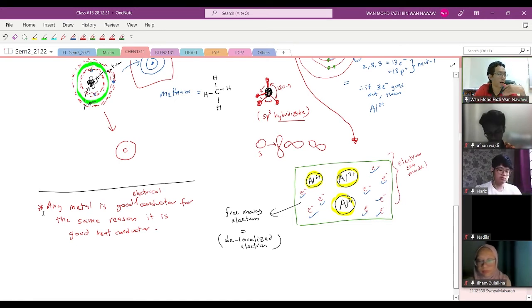Electrons in other materials, like glass, ceramic, and polymers like plastic or rubber, are tightly bound to the nucleus, belonging to a particular atom.